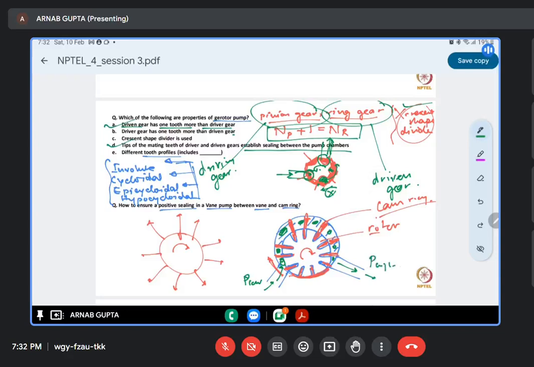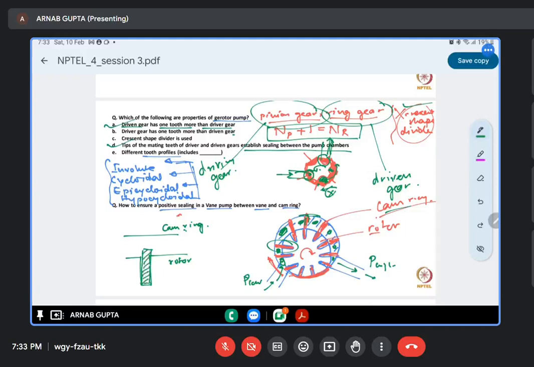So the question asks how to ensure a positive sealing between this cam ring and this particular vane. If we look at one vane, say, if this is my slot, I am just exaggerating one particular thing here, and this is the surface of the cam ring. So this is the rotor, this is my cam ring, and I have a vane which is sitting here in a stationary condition.